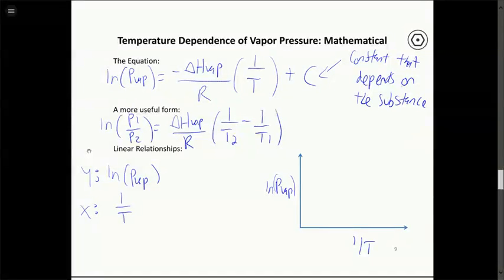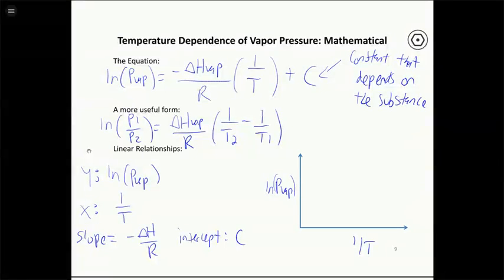From this equation here, this is y, this is x, so y equals mx plus b, linear form of an equation in this case. So our slope is going to be minus delta H over R, and our intercept is going to be equal to that constant C that we have in this form of the equation.